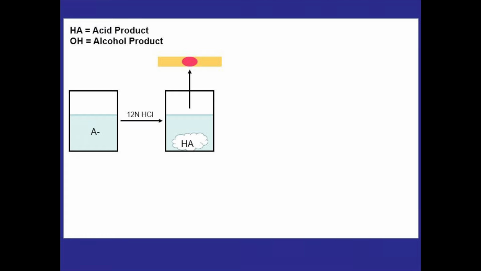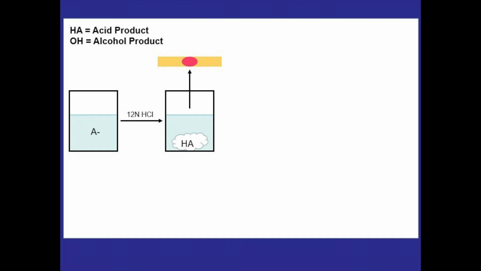At this stage, we'll want to make sure that the solution is stirred very well because there might be some base remaining that is unreacted, and upon stirring it, the hydrochloric acid will react with that, more CO2 will come off, and the unknown acid could redissolve into that solution. Upon checking the pH, we'd see that it might not be fully acidic, and we'd have to continue adding acid until it was.